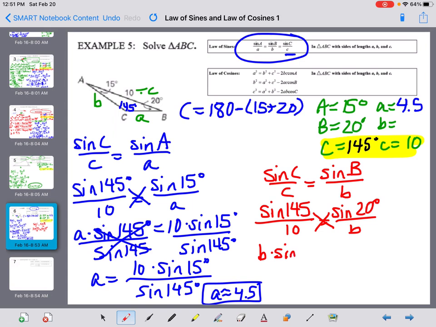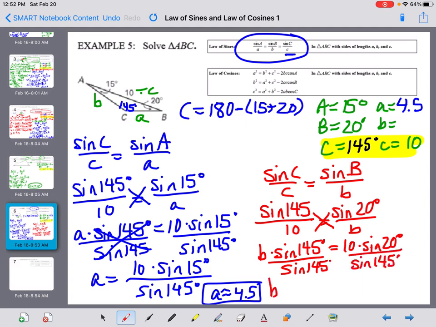B times the sine of 145 equals 10 times the sine of 20. And I'm going to divide by that whole chunk of sine of 145 to get B by itself. So B is going to equal 10 times the sine of 20 degrees divided by sine of 145.